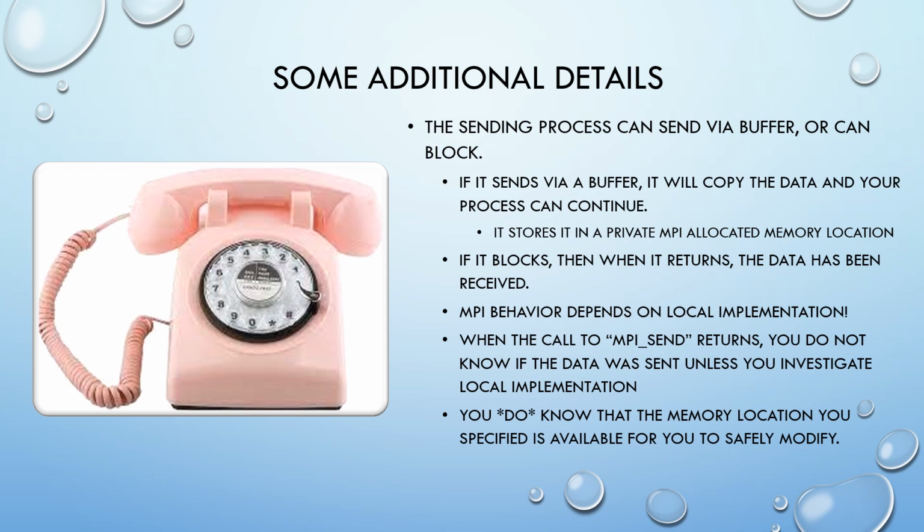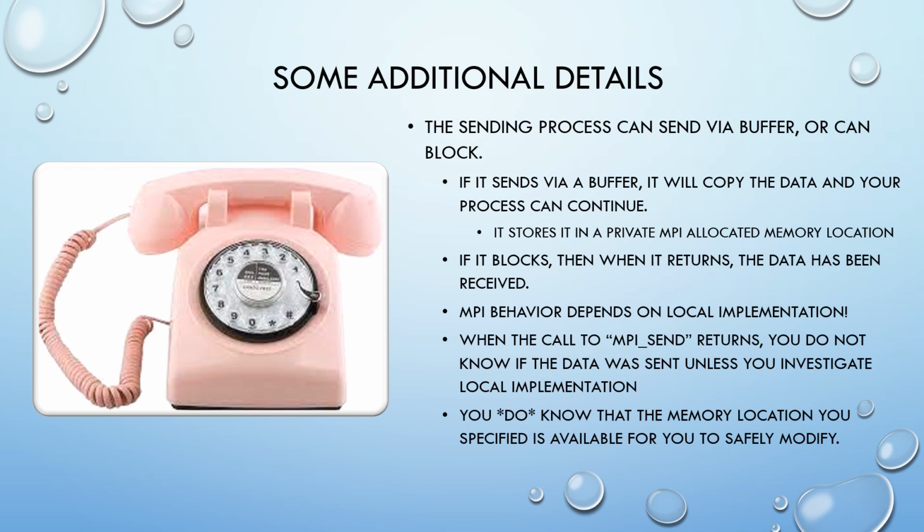It might send via a buffer, and if it does that, then it's going to copy the data from the sender's location to a private memory location, and then it's going to wait for the receiver to say, hey, I'm ready to receive, and it will transmit it over. But it will not block the sender. The sender will be able to go on, and as soon as the return from the MPI send comes back to the CPU control, then at that point, it's safe for you to modify that data, because by then MPI background stuff will have made a copy of the data.